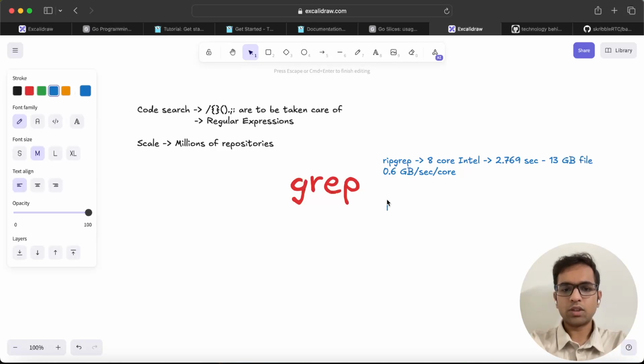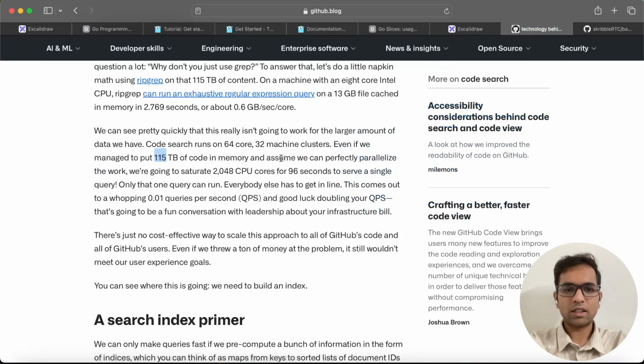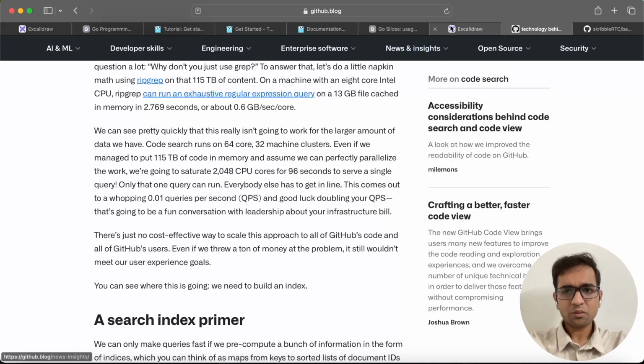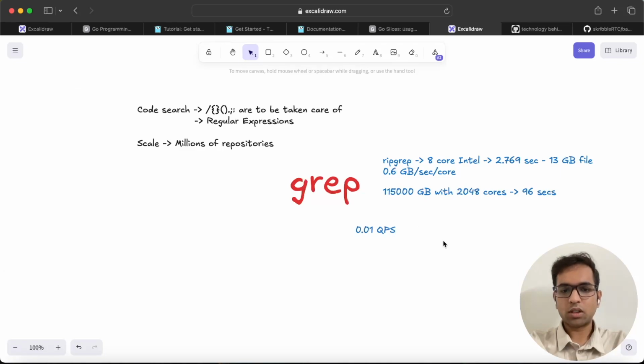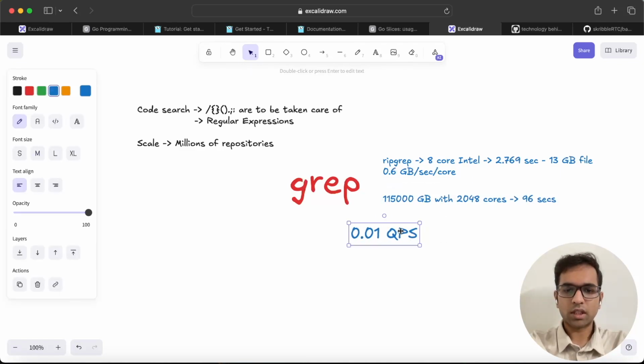Now, at the scale at which GitHub works, as they have mentioned, it takes 96 seconds to serve a single query, right? So if it takes 96 seconds, it means that the queries it can take per second would be 0.01. So the rate at which grep would work is 0.01 QPS, which is not even a single query per second.